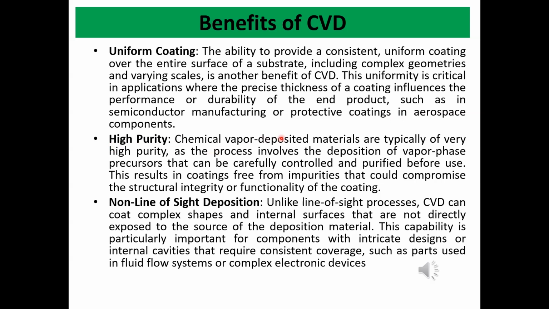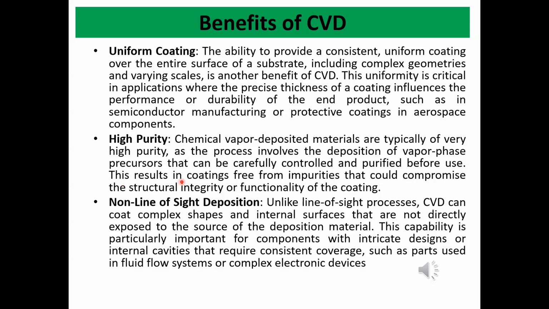High purity. Chemical vapor deposited materials are typically of very high purity as the process involves the deposition of vapor phase precursors that can be carefully controlled and purified before use. So basically, the reactants come into the reaction chamber in the form of vapors, and any solid impurity which was part of the reactants remains behind, and only the purified vapors come into the reaction chamber.